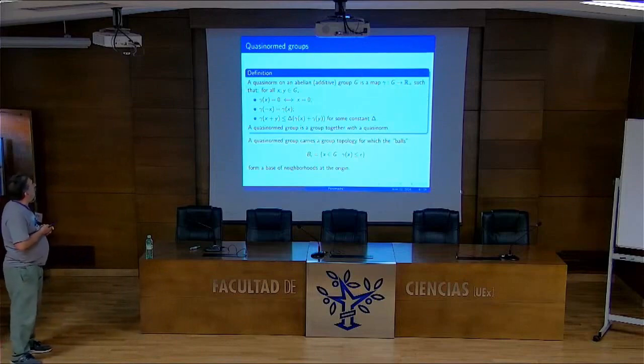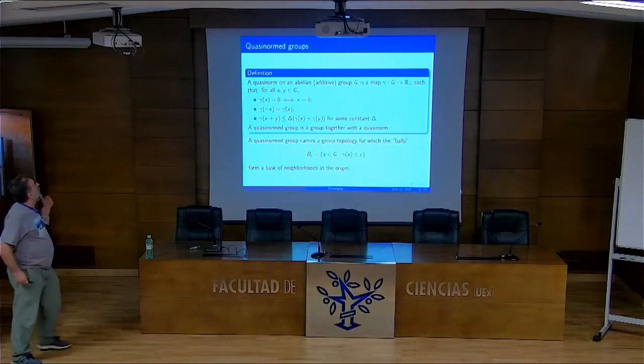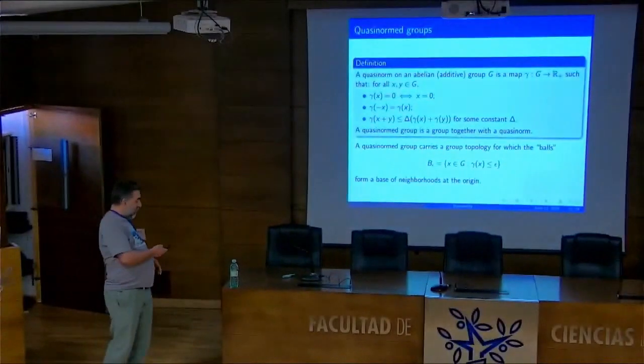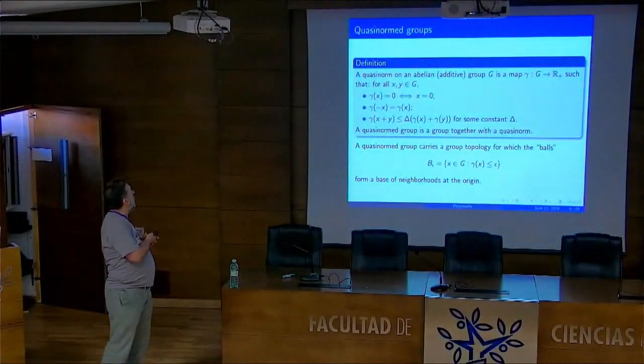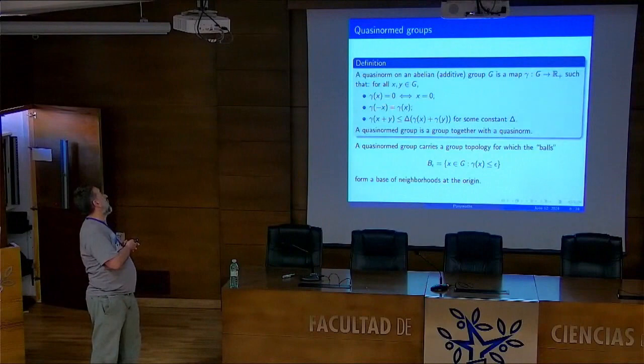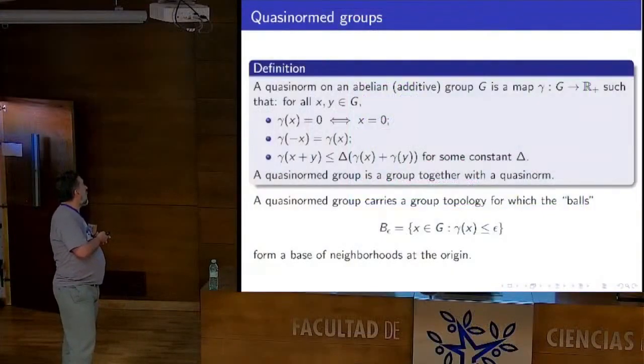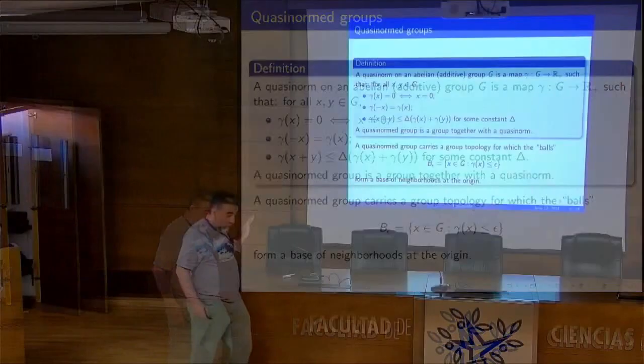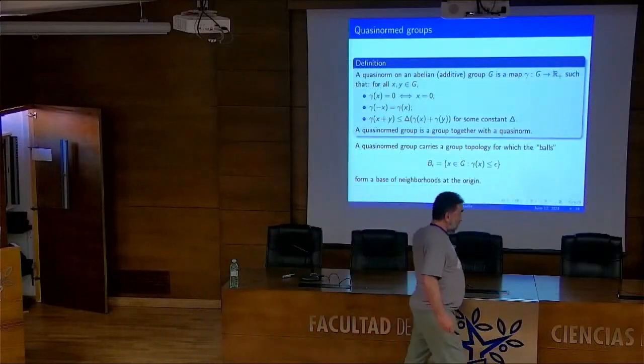We need an abelian group and a quasi-norm, which is a non-negative function which vanishes only at the origin and is even and satisfies a weak form of the triangle inequality, which would be the usual one if delta was 0, but it's not 0. And then a quasi-normed group is just a group with a quasi-norm.